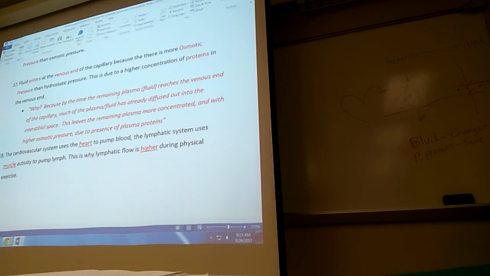So proteins are like a magnet; it attracts the water. Yeah, that's a good way to go about it. You come up with good analogies. It's really helpful. We have to work together and put it in terms that they can understand. So the magnetic power, so to speak, is stronger in the venous end. And this will cause water to come in.